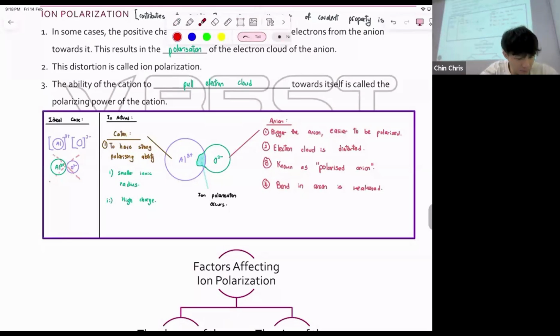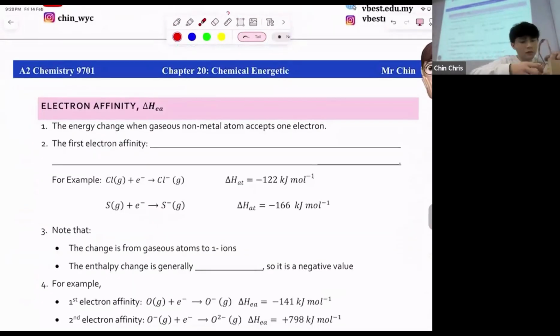The second, let me see my graphic. Electron affinity. What electron affinity is? So guys, electron affinity, we call it the ability to receive electrons. So it's just opposite of ionization energy.